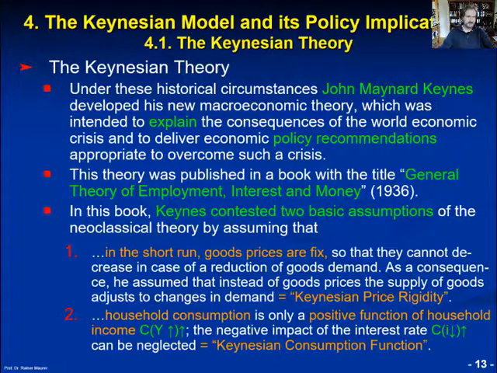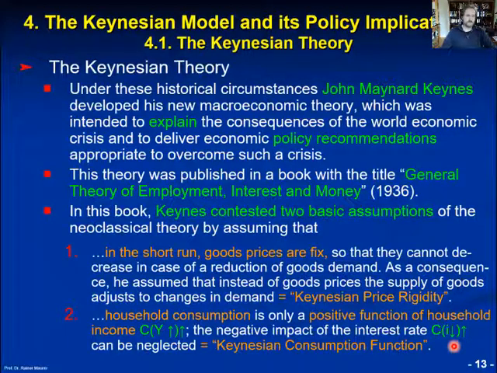Second, Keynes made the assumption that household consumption is only a positive function of household income. So if household income goes up, consumption goes up, and if household income goes down, consumption goes down. The negative impact of interest rates on household consumption can be neglected, according to John Maynard Keynes.